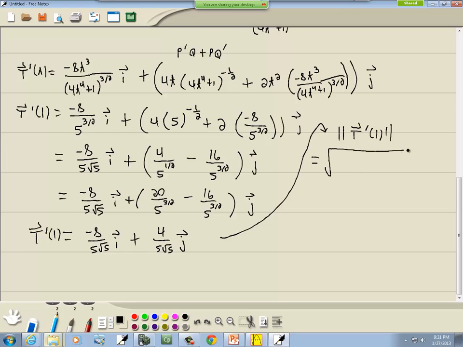it's going to be the square root of negative 8 over 5 square root of 5 squared, plus 4 over 5 square root of 5 squared, which gives us 64 plus 16. 64, 16, what is that, 80?